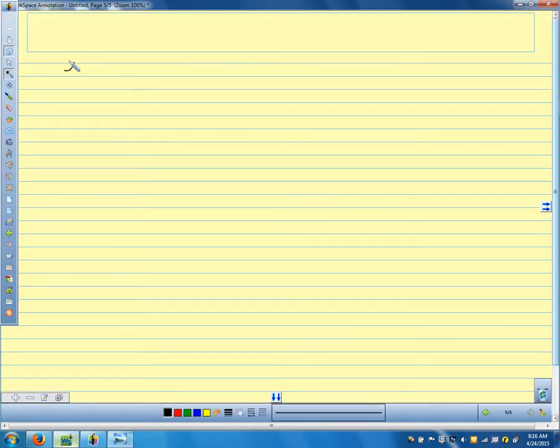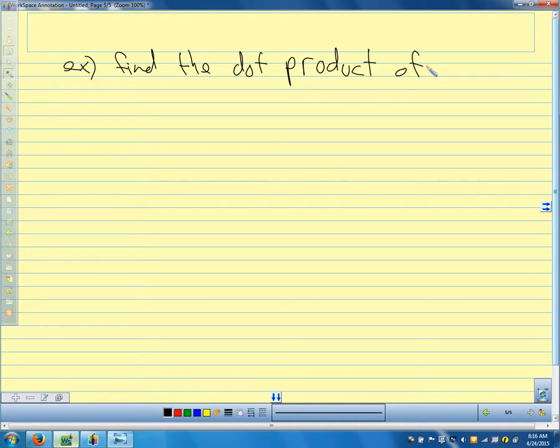Okay, let's find the dot product. So we have these two vectors, u equals, in component form, <2, 6, 2>, and v is the vector in component form <-1, 5, 0>. So we want u dot v.